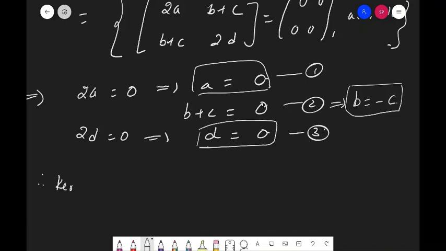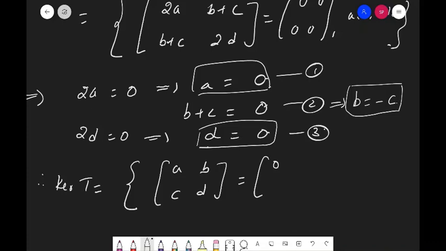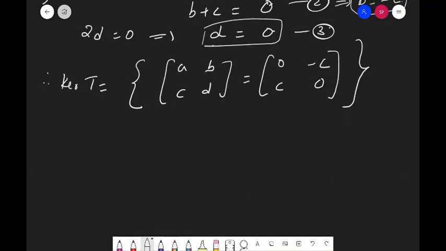Therefore, the kernel of transformation T is a matrix A, B, C, D where A is equal to 0, B is equal to minus C, C is equal to C, D is equal to 0. You can observe here, the four parameters in the matrix reduce to only one parameter.